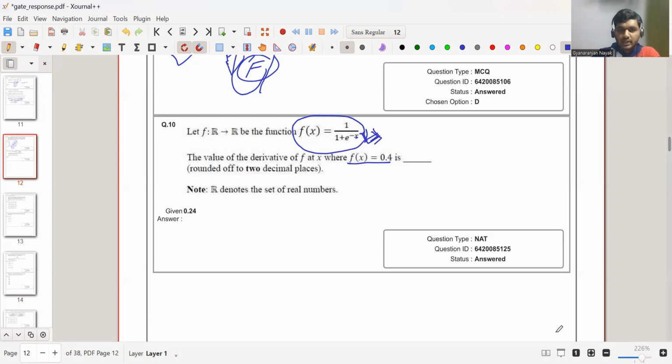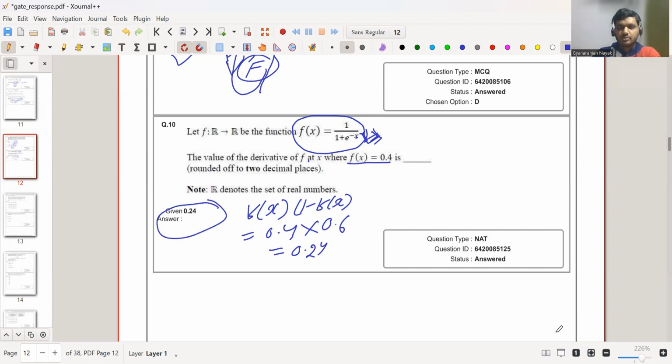We all know the derivative of the sigmoid function is f(x) into 1 minus f(x). So here f(x) is 0.4 into 1 minus 0.4, that is 0.6. So the answer is 0.24. Okay, so we proceed for next.